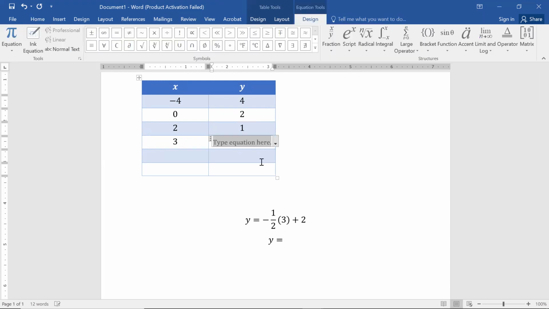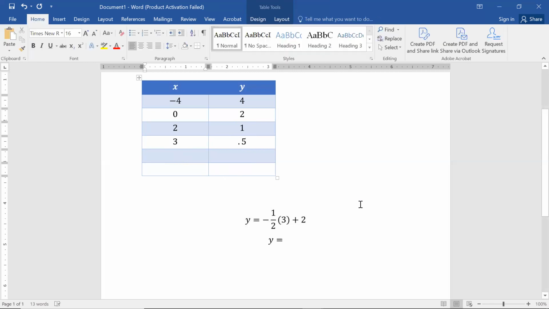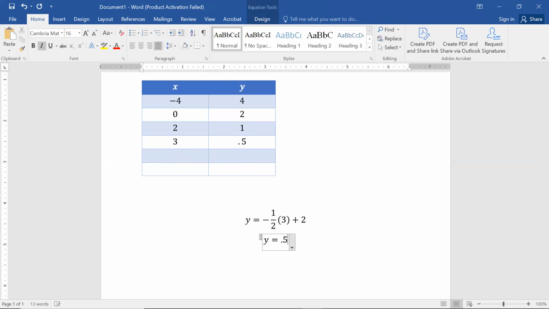I am not particular about whether you use decimals or fractions here. Some people may be, but that's on them. So I'll use 0.5 there.